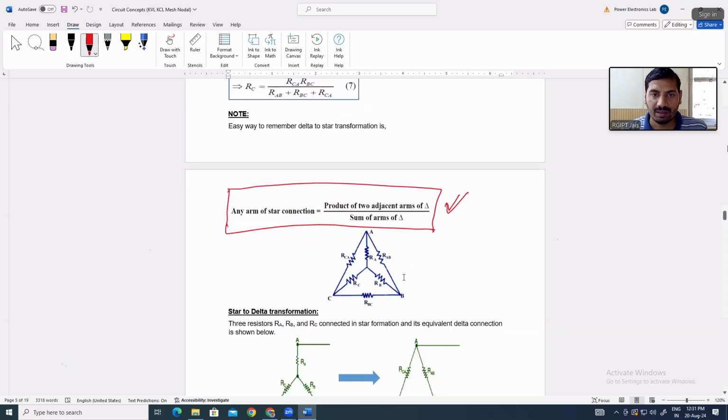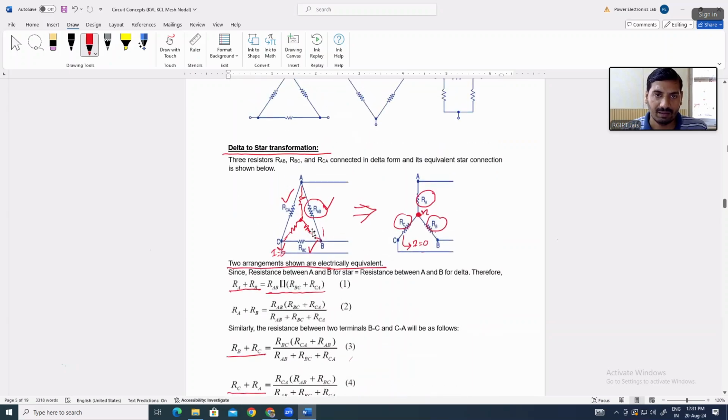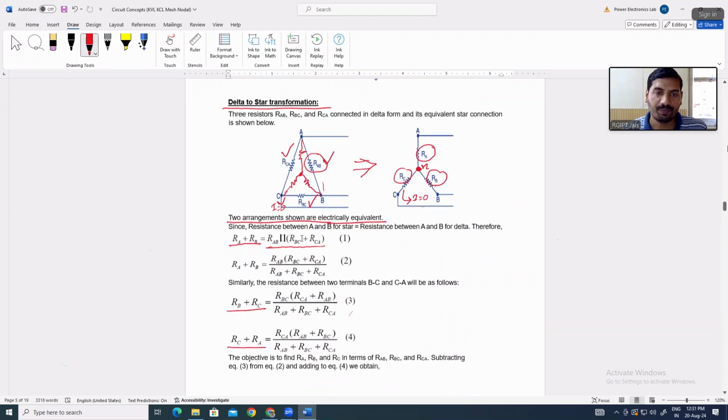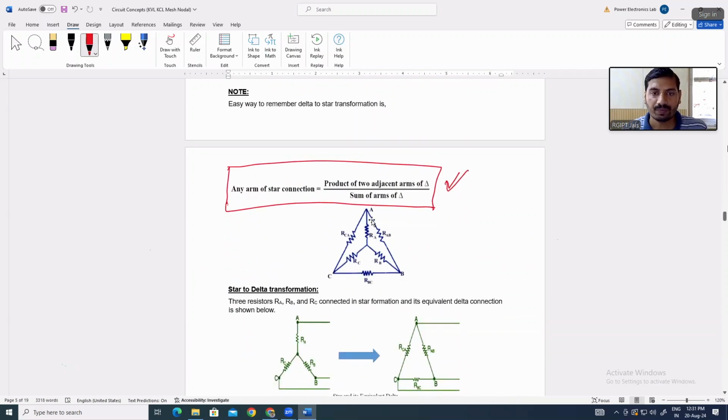likewise in this diagram you can see that this outer one is delta connected network, the inner network is star connected network, RA RB RC. Okay, similar to the previous one, just like this one I have drawn previously. This value is RA, this is RB, this is RC. Similar to this one, you can see RA, that is arm of star connection.